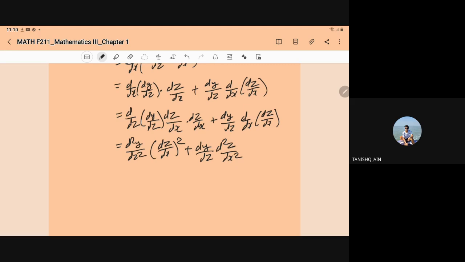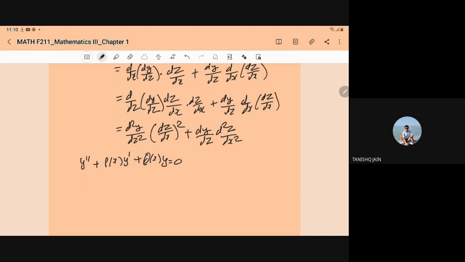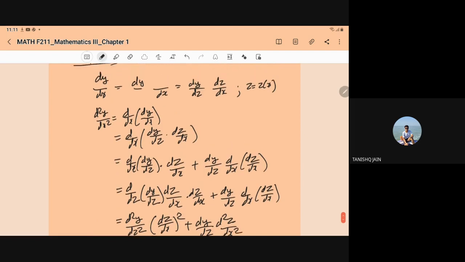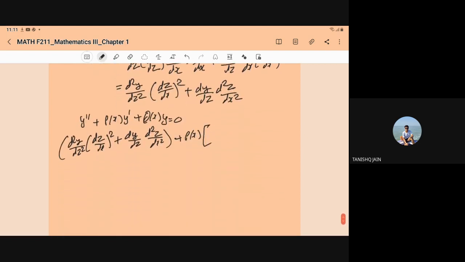So our equation is y'' + p(x)y' + q(x)y = 0. For d²y/dx², we can put d²y/dz² (dz/dx)² plus dy/dz d²z/dx², plus p(x) times dy/dx, which is dy/dz into dz/dx, plus q(x)y equal to 0.